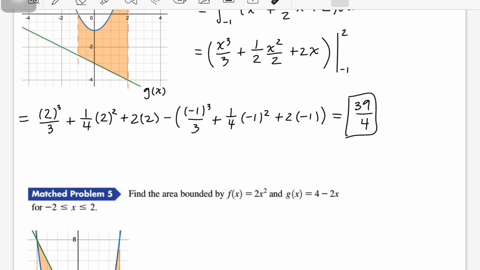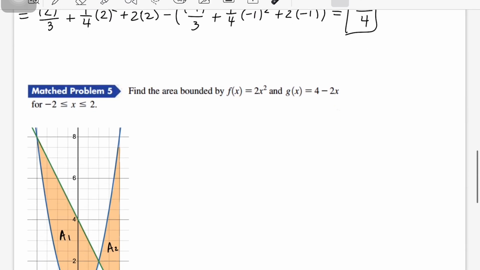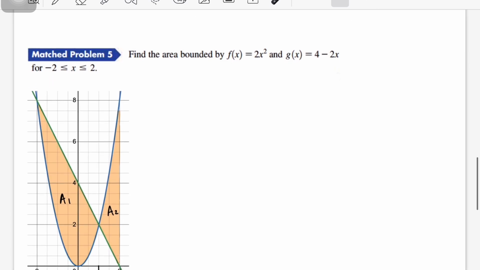Now the last problem we're going to look at is we want to find the area bounded by this function, and for x values in between these two here. Looking at it graphically, our f of x is our parabola, and our g of x is this line here.